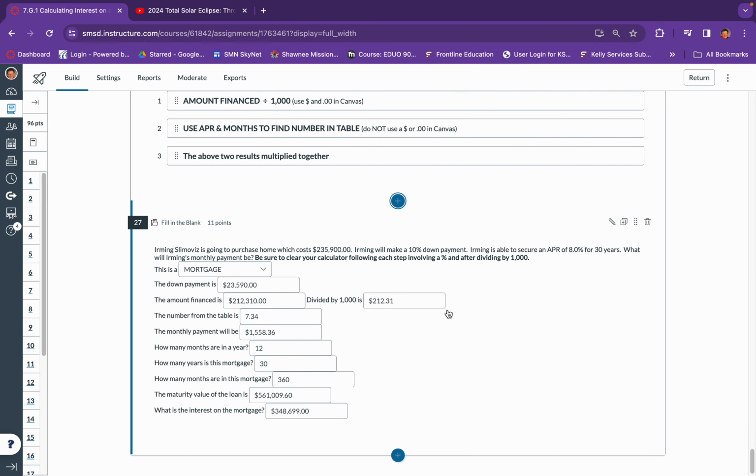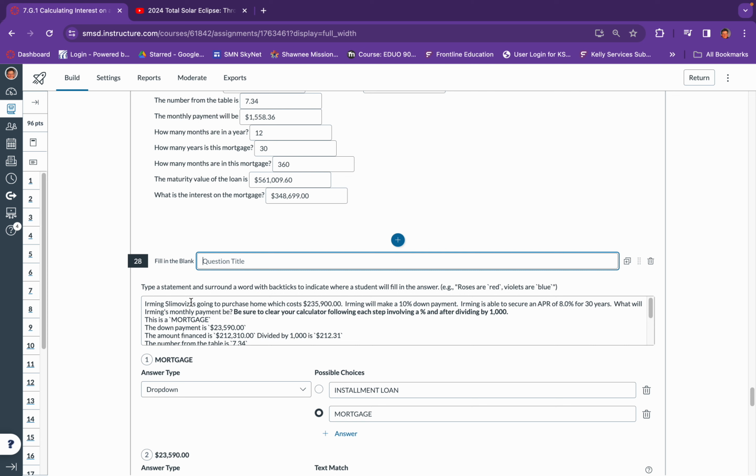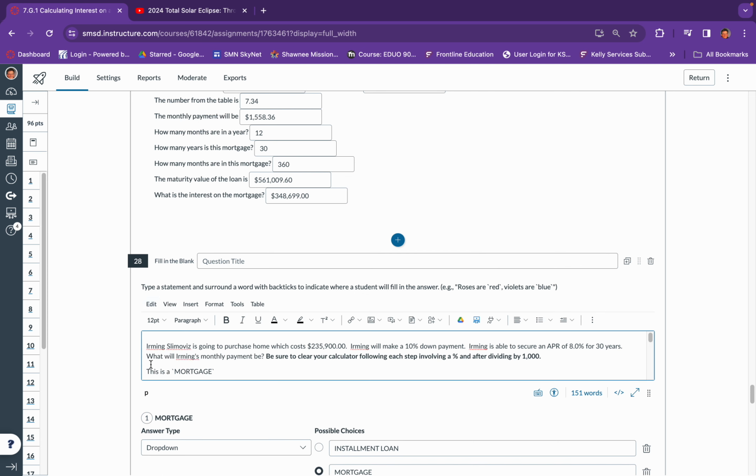So then what I do is, from there I normally just go in, copy, and change things. Like, let's change it to Mike Schwartz is going to purchase a house that costs, let's make this house cost $145,600.